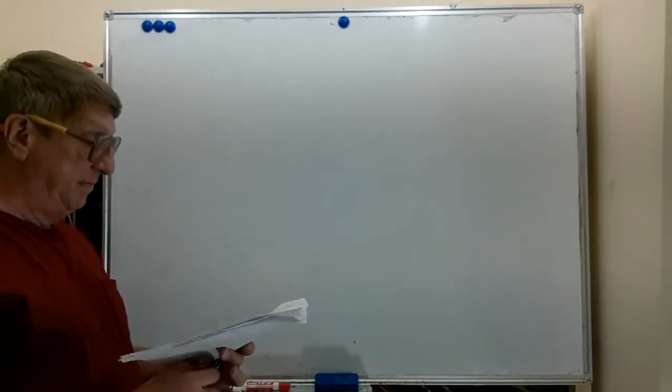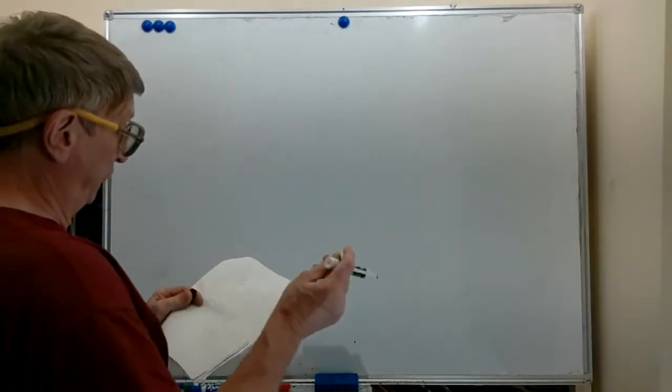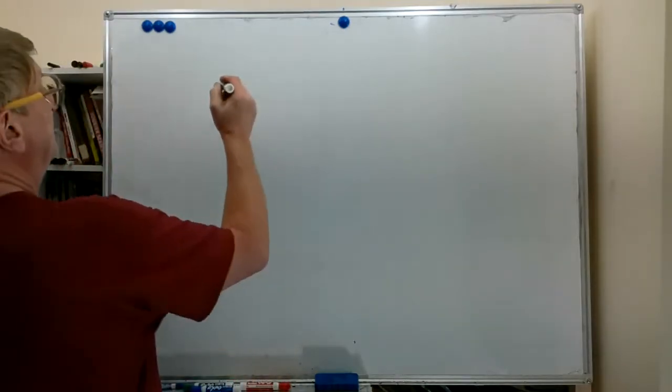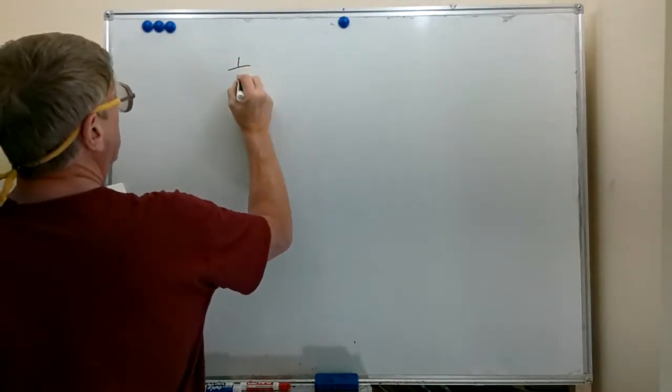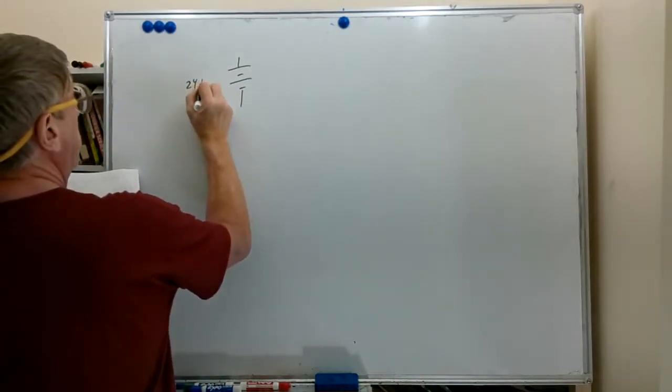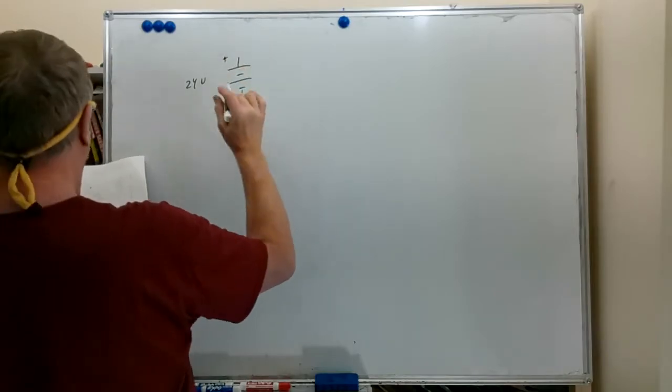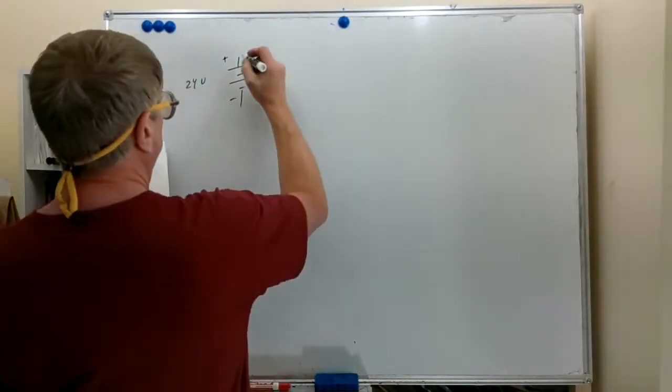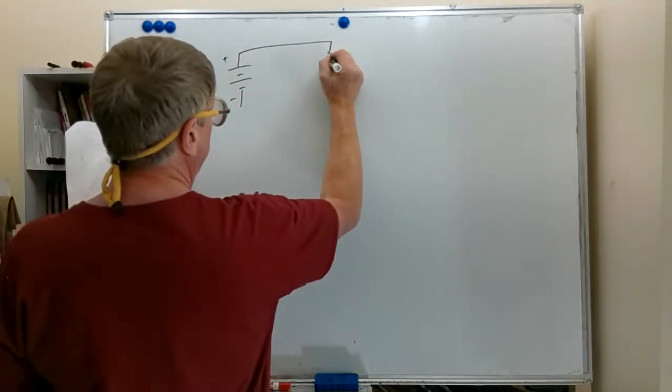We're going to look a little bit more at how we reference voltage to ground. We're going to draw a battery. This is going to be 24 volts, plus, minus. We're going to draw 3 resistive loads.